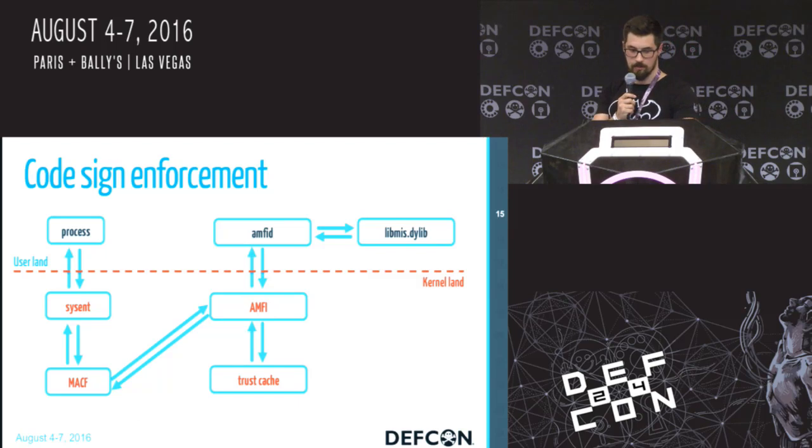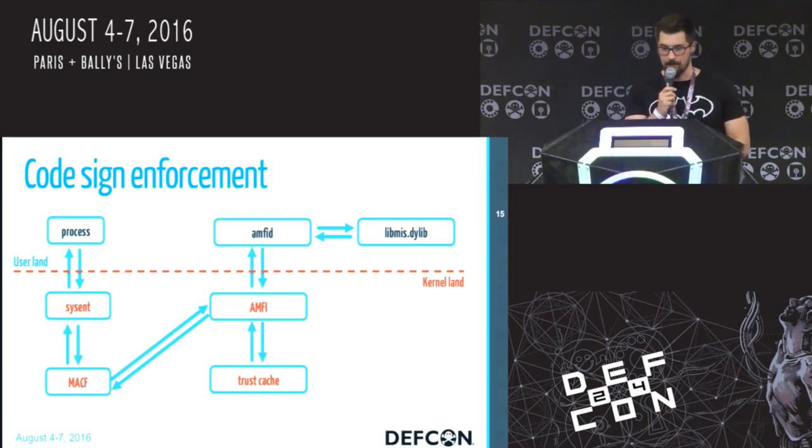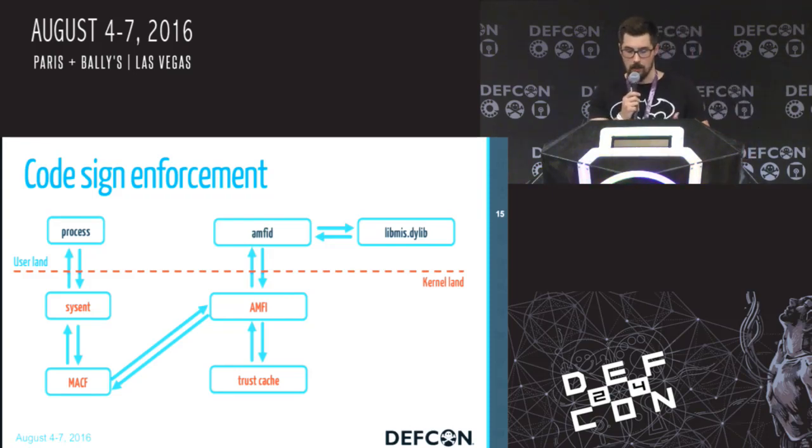A big picture of how codesign enforcement works. Here we have a process in user land that calls a syscall or a Mach trap. The corresponding function from the sysent gets called. It calls out to the MAC framework, which checks whether any policy modules requested to hook that particular functionality.